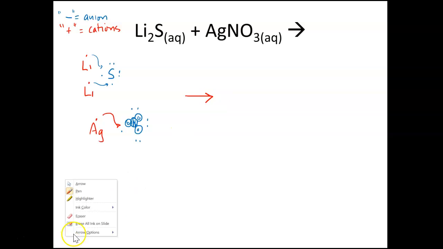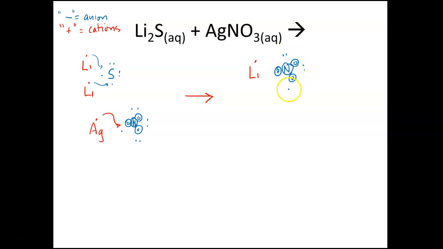Well, lithium, being positive, is going to be attracted to the negative. So lithium is going to be attracted to the nitrate. Remember, we're switching these cations and anions in a double replacement. And as you notice, it only takes one lithium.